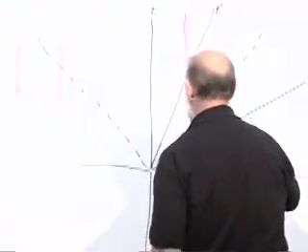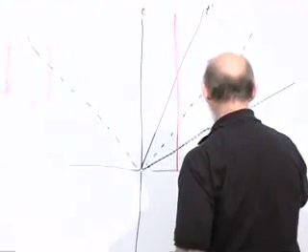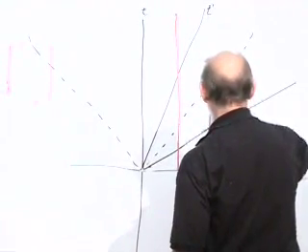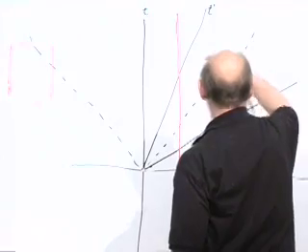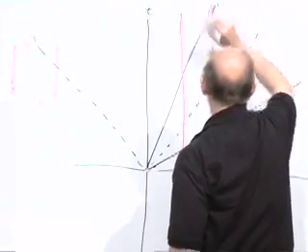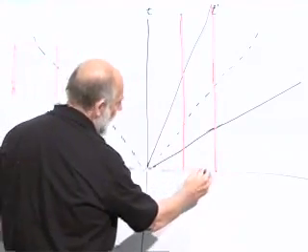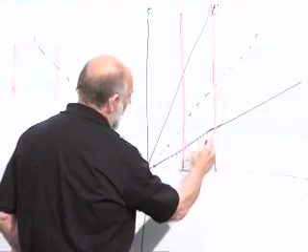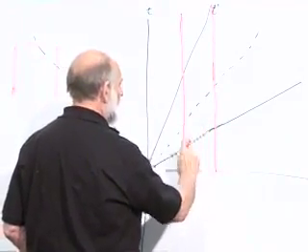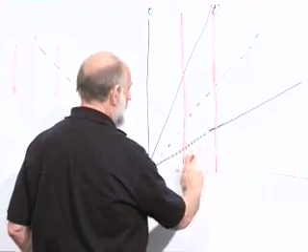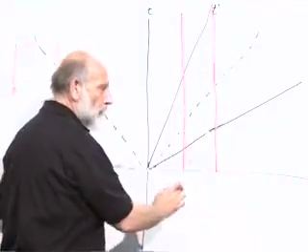It's also a vertical line, and it looks like this. So the region between the two red lines is the interior of the garage.